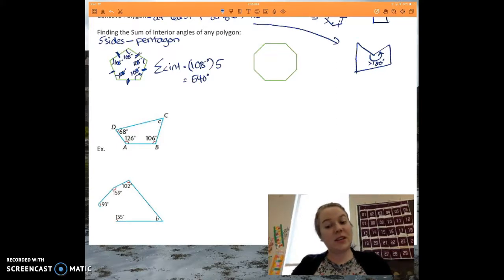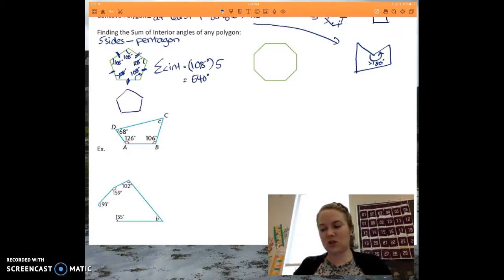Now, is there an easier way to think of this? Yes. We can actually figure out a formula that could tell us always the number of angles. So, I'm going to redraw this pentagon. I know, it's fantastic, isn't it? And what we're going to do is we're going to start with something that we know. We know the sum of interior angles of a triangle is 180.